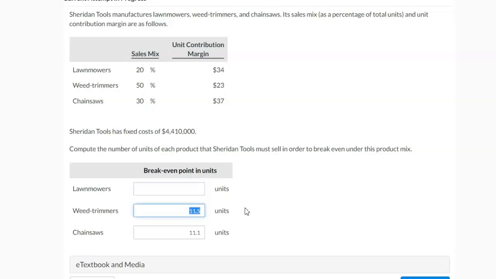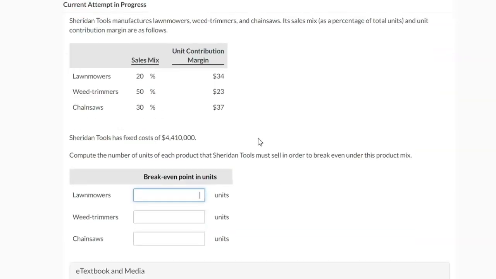So you divide the fixed cost by the weighted average contribution margin. What do you get? Fixed cost by the 29.4. So let me do that. 4,410 divided by 29.4. That's 150.